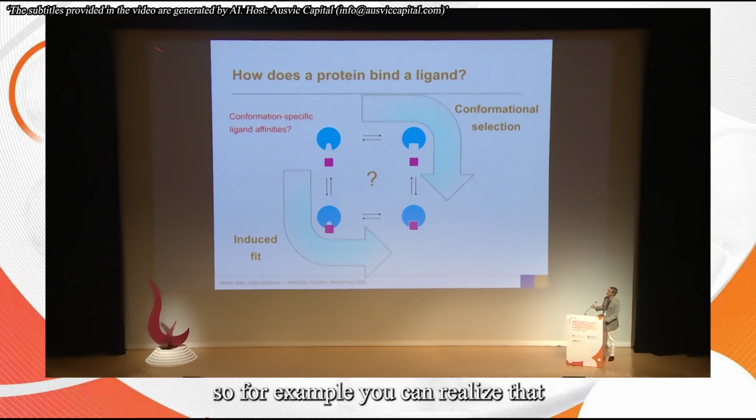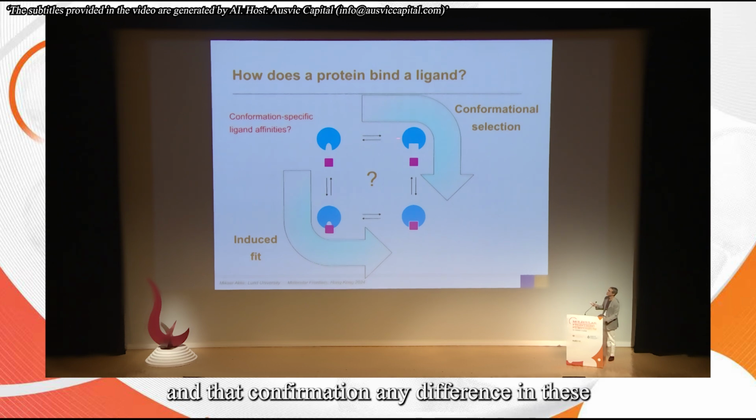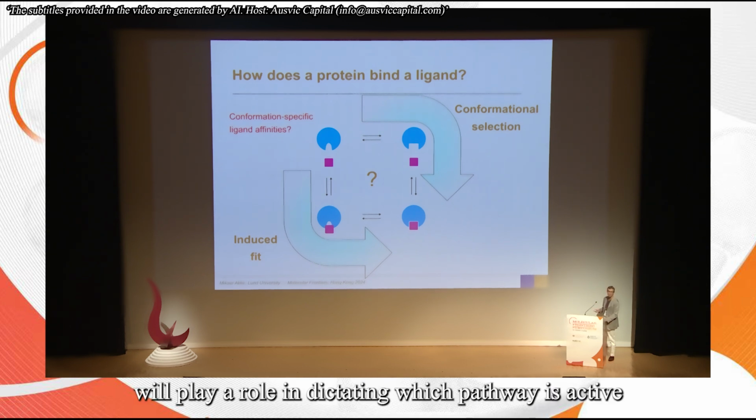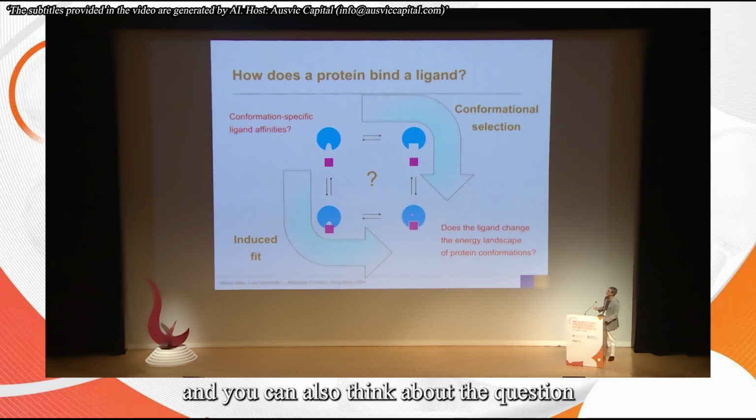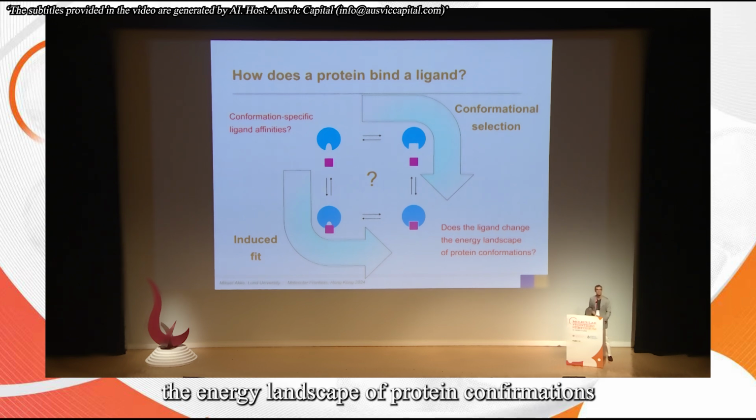So for example, you can realize that the affinity for the ligand of this conformation and that conformation, any difference in these affinities will play a role in dictating which pathway is active. And you can also think about the question, does the ligand change the energy landscape of protein conformations?